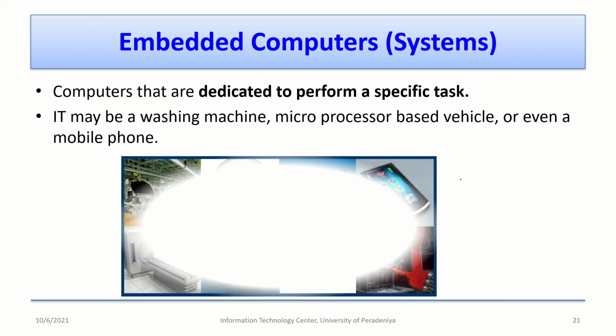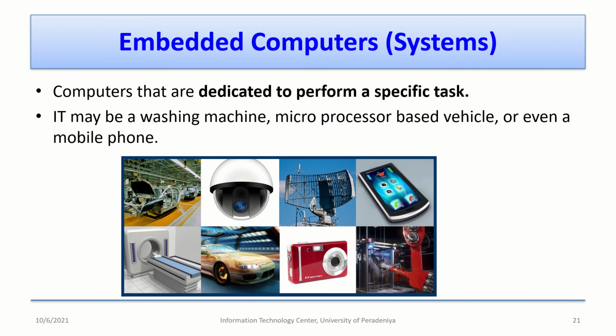specific tasks, right? So for example, in modern vehicles, right, there is a special electronic unit for the brake system, ABS, right? So that is designed to perform a specific task, all right.